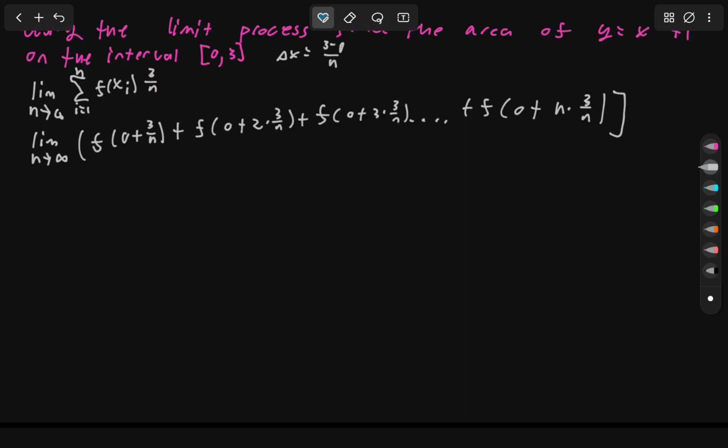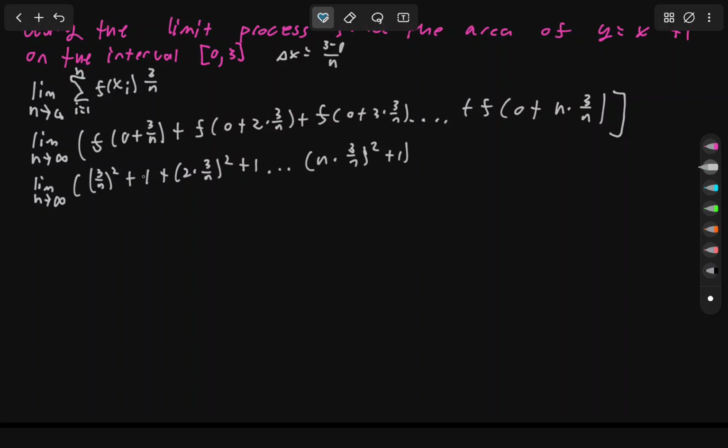Now we actually have to plug these values into our function f of x. So we get the limit as n approaches infinity of 3 over n times the sum: 1 plus 2 times 3 over n squared plus 1, and we're going to keep doing this until we reach n times 3 over n squared plus 1.